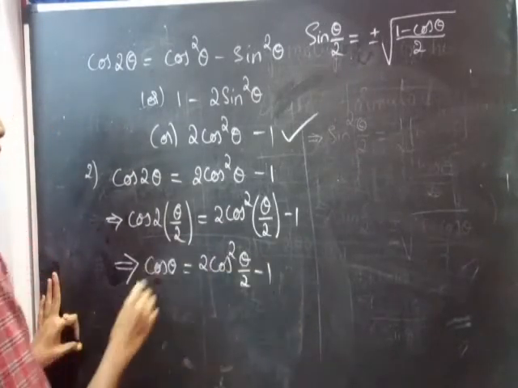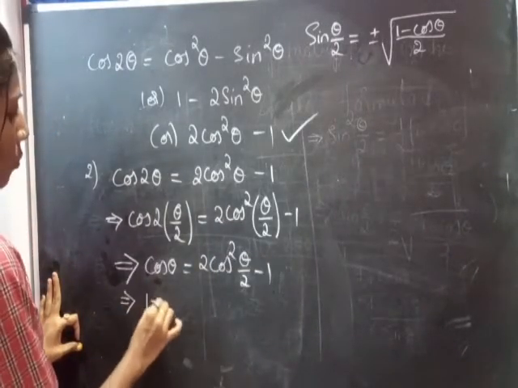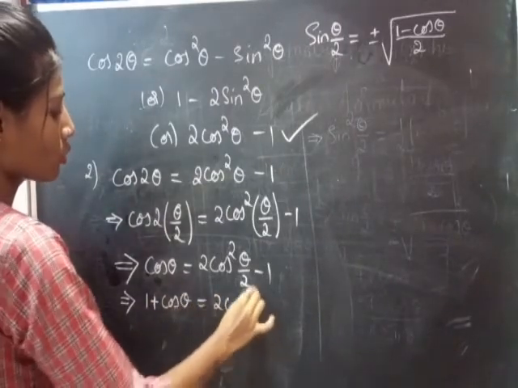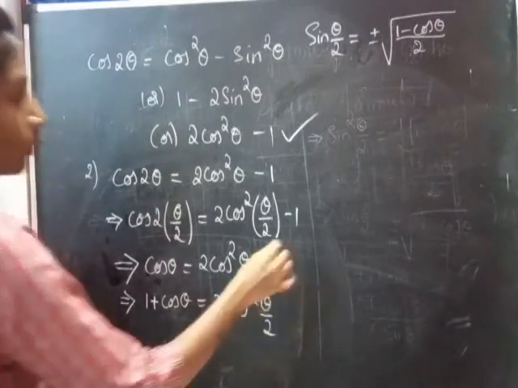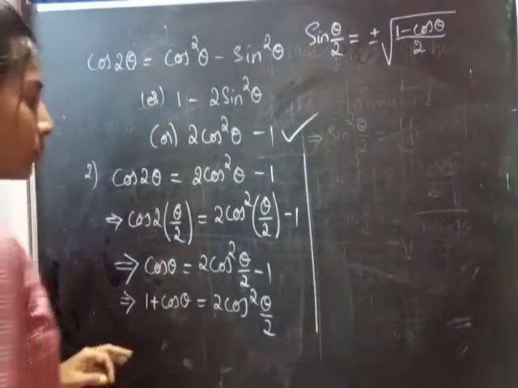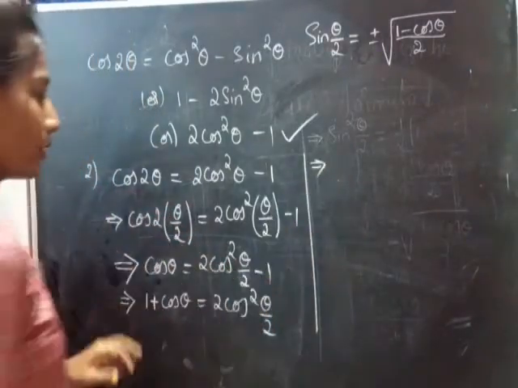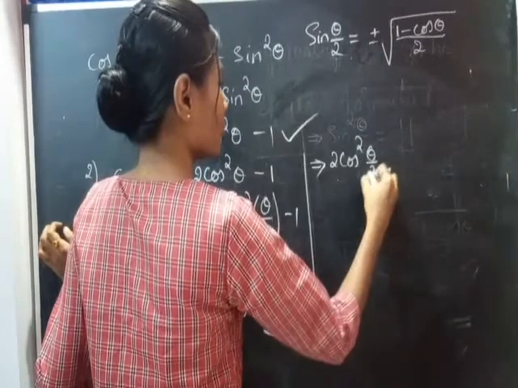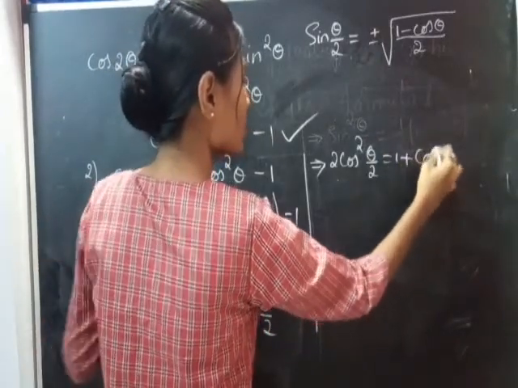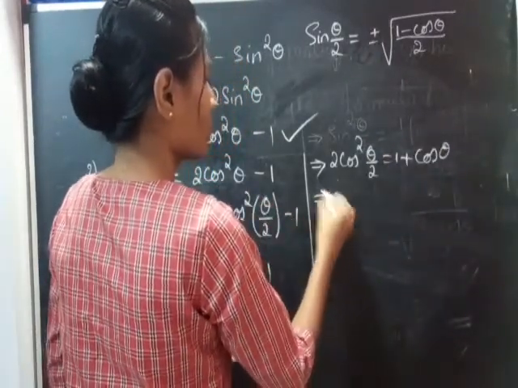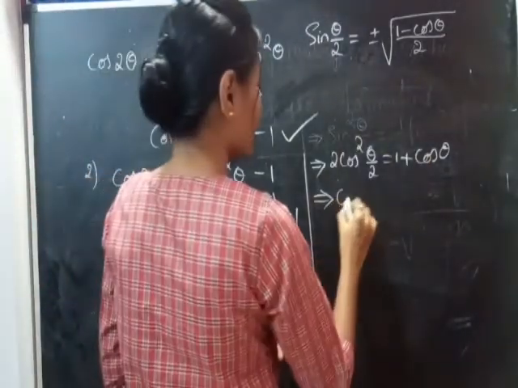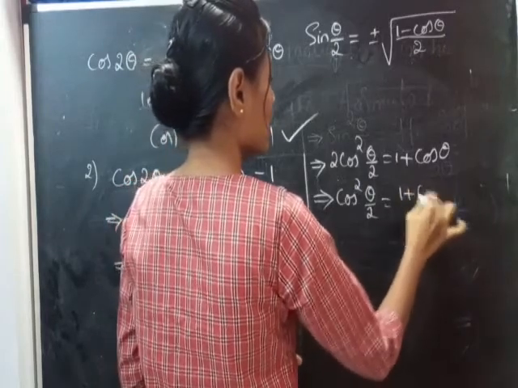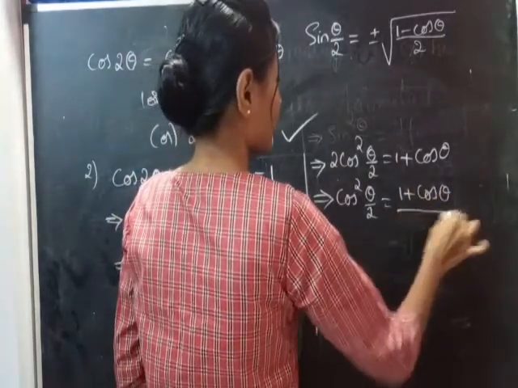Take this minus 1 to the left hand side, then you'll get 1 plus cos theta is equal to 2 cos square theta by 2. Or you can write it as 2 cos square theta by 2 is equal to 1 plus cos theta. So I'll take 2 to the right hand side. Cos square theta by 2 is equal to 1 plus cos theta by 2.